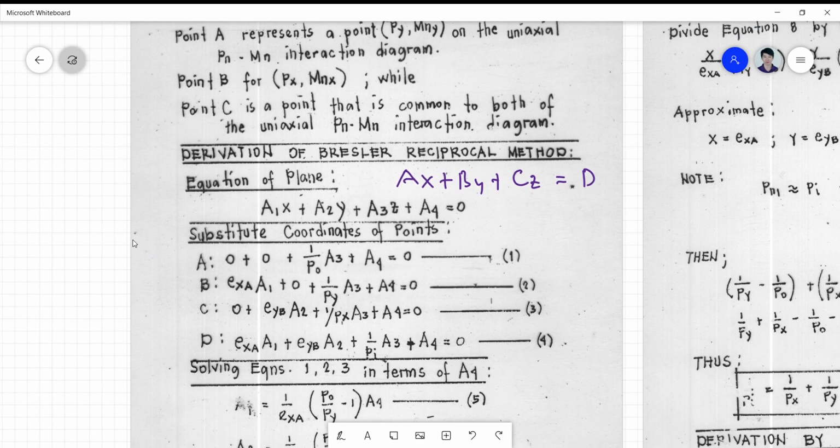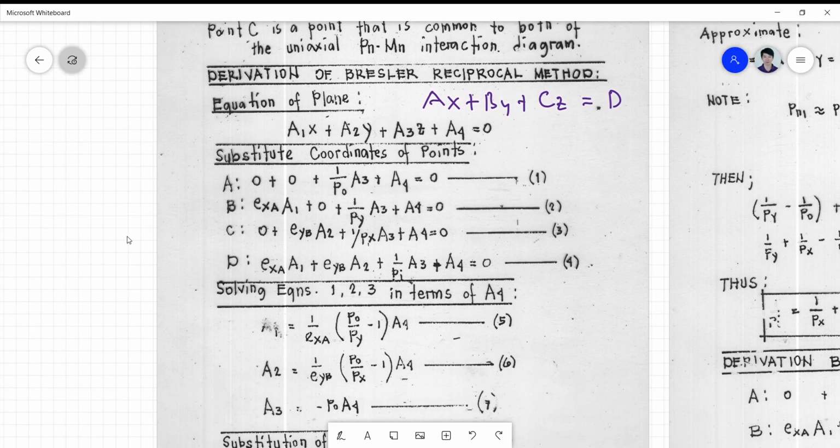We just plug in all the coordinates x, y, z in terms of Pn, EXA and EYB, and solve for A1, A2, A3, and A4, which are the unknowns. So we have 4 equations and 4 unknowns. You can deal with this quite easily using algebra.